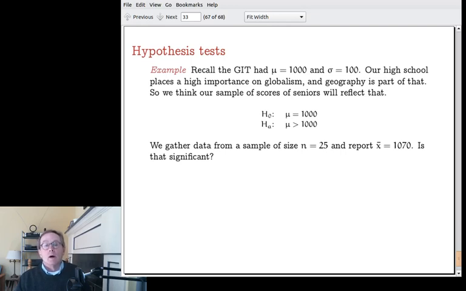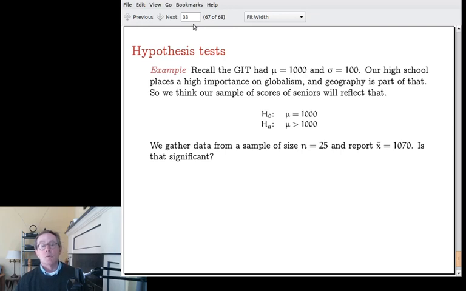So I'm asking about a test that our high school wants to give people, the global inventory test, and we place a high importance on globalism and geography. So we buy a test from a vendor, and the vendor tells us this test nationwide has a mean of 1,000 and a standard deviation of 100. So nationwide, they told us that.